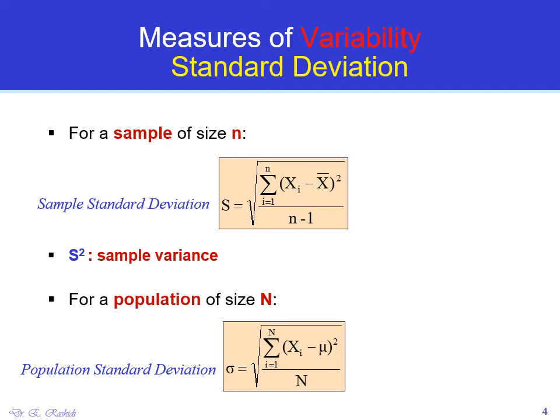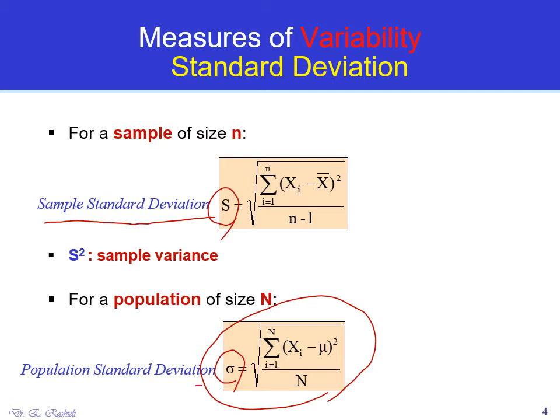All right. So this is the formula for the standard deviation of the population. Make sure to notice this. Sigma stands for standard deviation of population. S stands for standard deviation of sample. So this is for population, that was sample. X bar is the average or the mean of the sample. Mu is the average or the mean of the population.